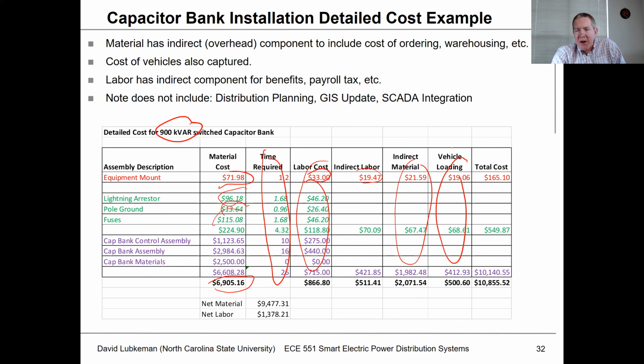So by the time you add all this up, maybe you're up to about $11,000 as far as the cost of this installation, if you look at parts and labor. And this would be what gets tracked, if it's a utility, in the utility asset database. And so all this stuff would have to be captured, and would be part of your net cost.